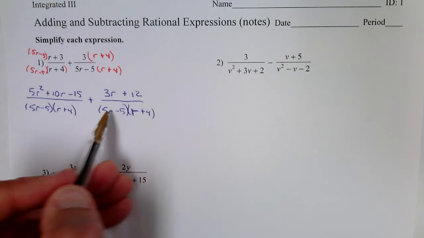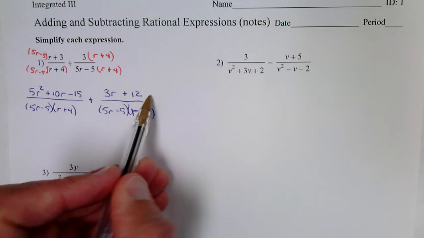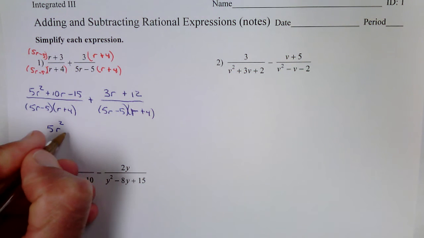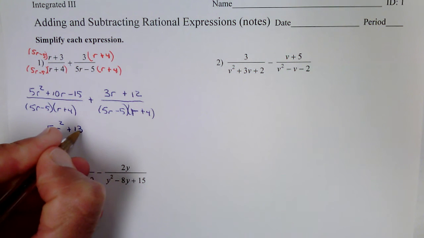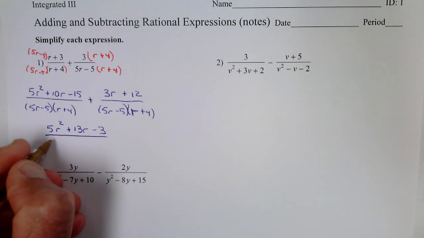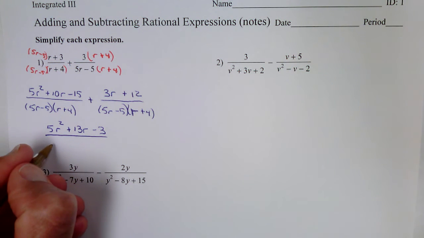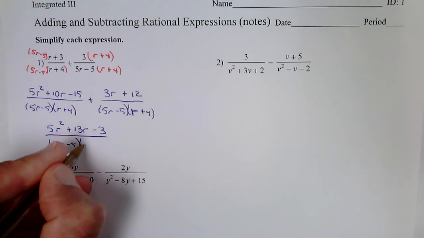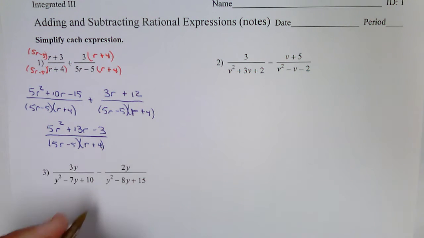Now, just like with fraction busting on Friday, we can just add straight across the top. And when we do that, we get 5r squared plus 13r minus 3, and that's going to be all over 5r minus 5 and r plus 4.